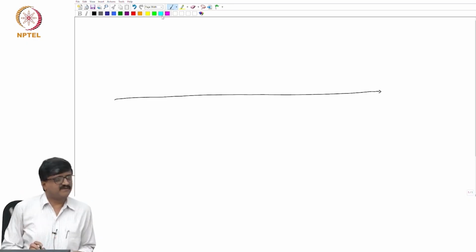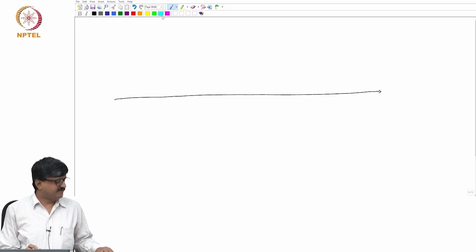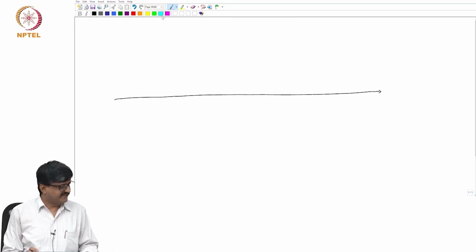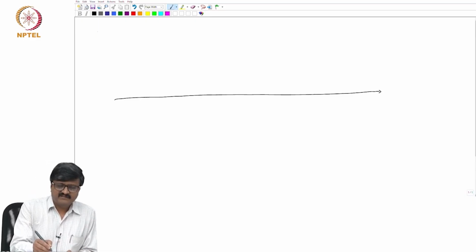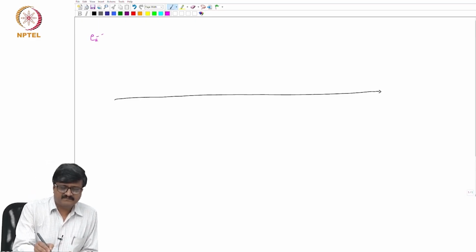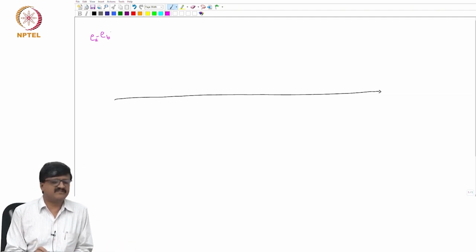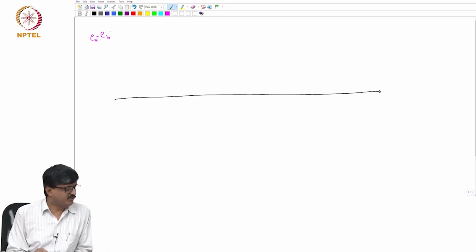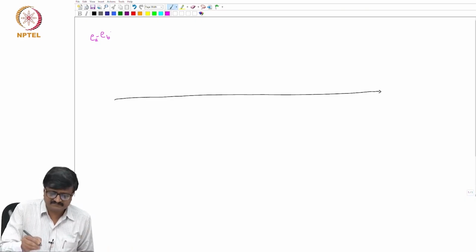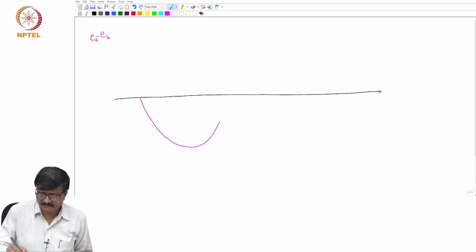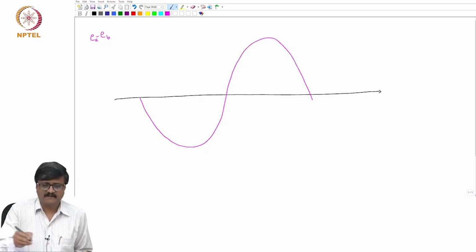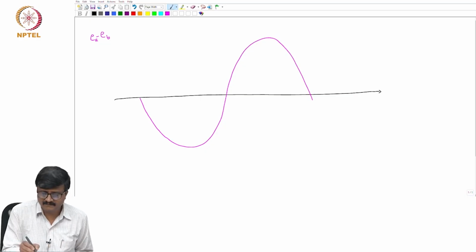So the possible expressions for voltage across one of the valves, say valve 1, are EA minus EB or EA minus EC. If you look at the expression, EA minus EB is minus root 2 V sin omega t.